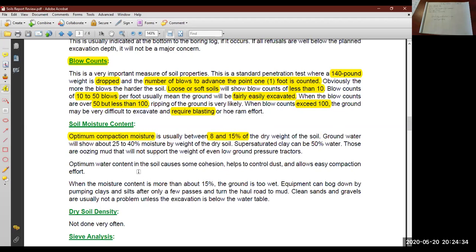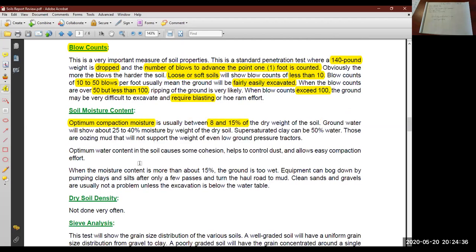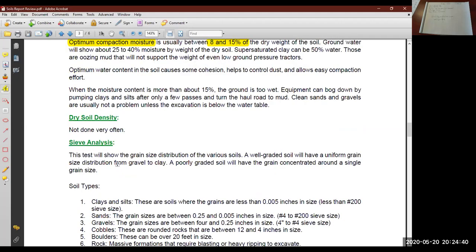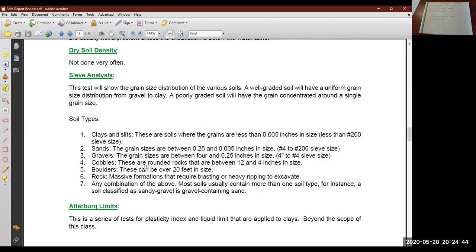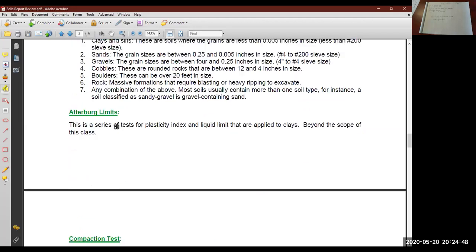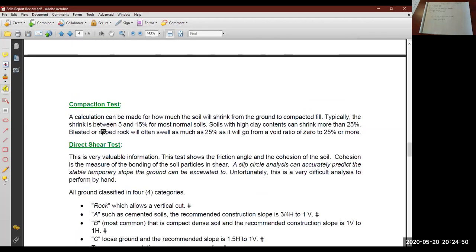So the sieve analysis tells you the individual grain sizes of the soil. Atterberg limits, skip over that. Sometimes a compaction test is done.